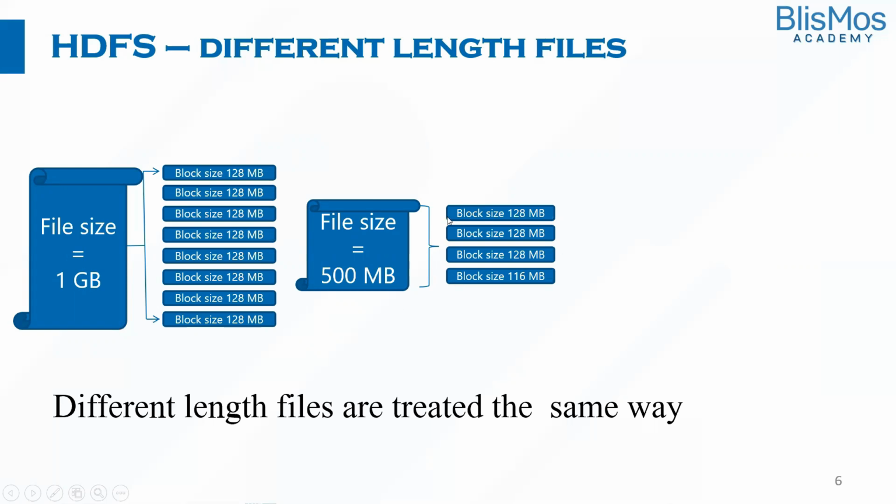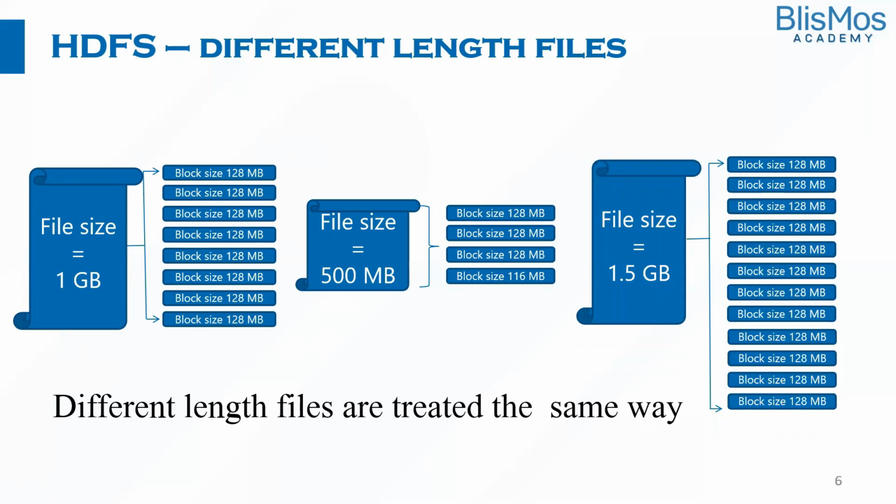That means we'll get 4 blocks, and 3 of the blocks would be of 128 MB and the fourth block would be of 116 MB. Whether you have 1 GB or 500 MB, the split would happen the same way. Just because the file size is less, it will not go for 64 MB splits or blocks. It will go for only 128 MB.